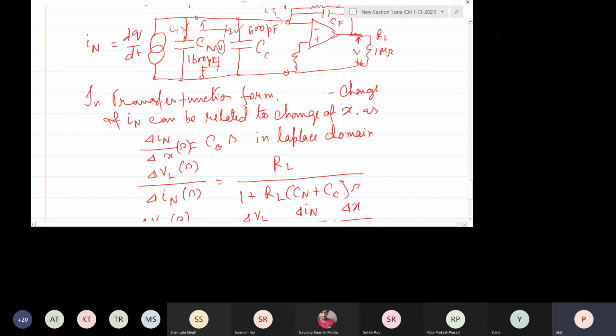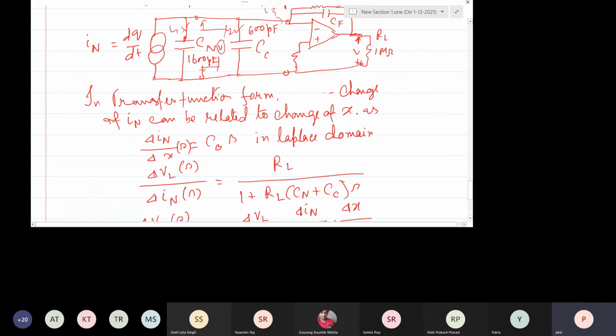So then I3 into CF, SCF is equal to I3S into SCF would be this voltage V. So this is the same current that will be flowing through this, so I3 amount of current.